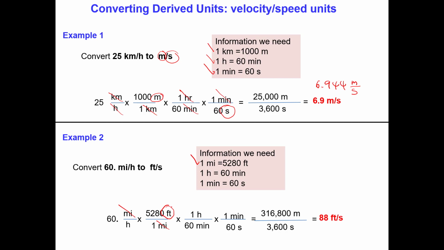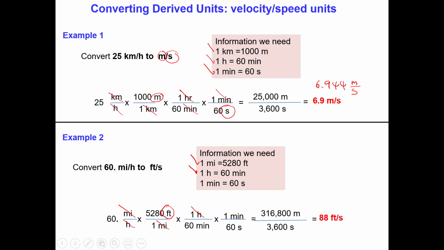Now we need to take care of the denominator. We need to convert hours into seconds. Then the only way to cancel out the hours is if we use the second conversion factor. We convert hours into minutes. These hours cancel out. And now we had 60 minutes.